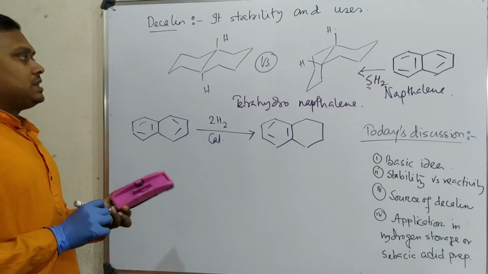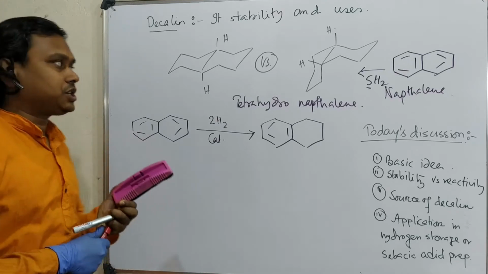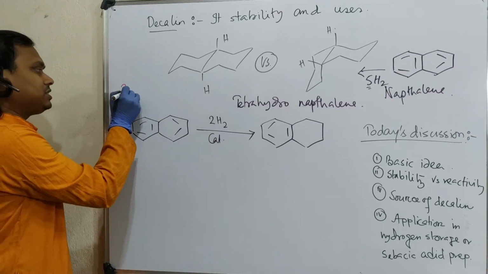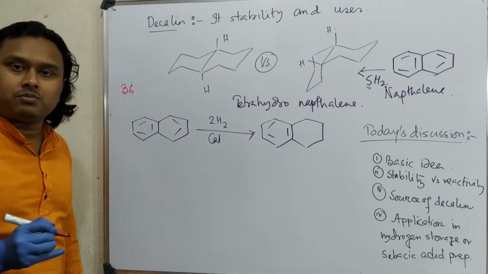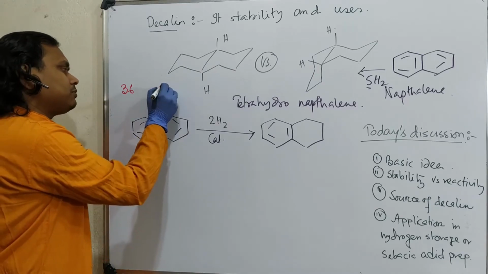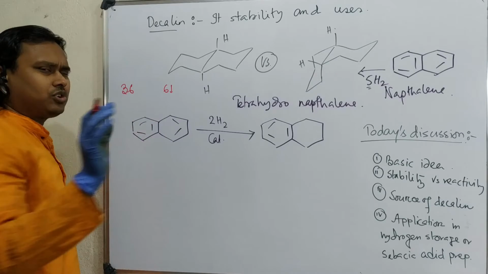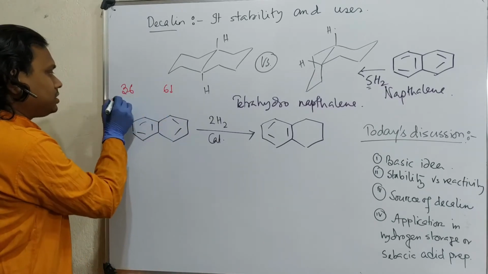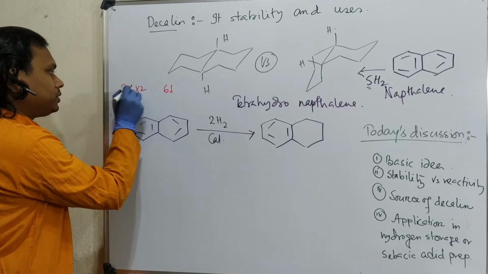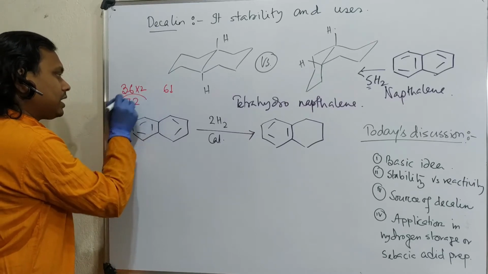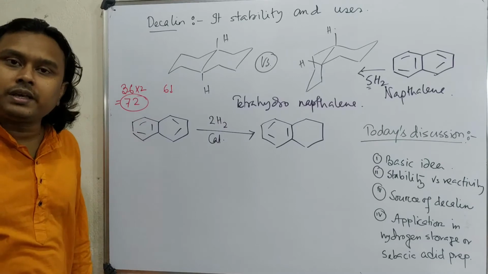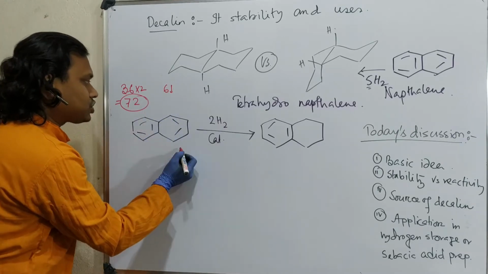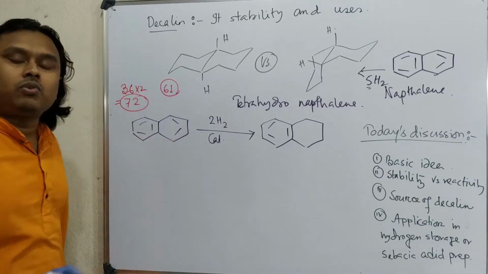Question, why? See, if you look at the aromatic stabilization, benzene's aromatic stability is about 36 kilocalorie per mole. In case of naphthalene, it's about 61 or 62. I'm not sure, please correct the value. So logically 2 benzenes should be equivalent to 72 kilocalorie per mole, but the resonance stabilization of naphthalene is 61 kilocalorie per mole.